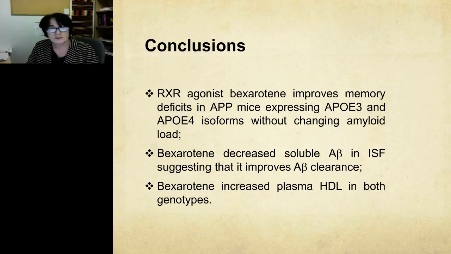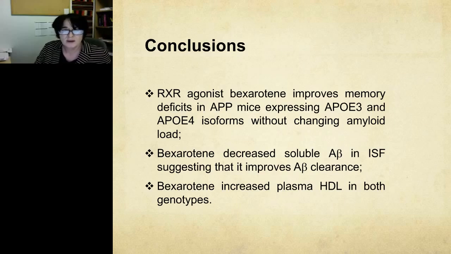So the conclusion from this study is that RXR agonist bexarotene improves memory deficits in APP mice expressing APOE3 and E4 without changing amyloid load. Bexarotene decreased soluble A-beta in ISF, in interstitial fluid, suggesting that it improves clearance. And finally, bexarotene increased plasma HDL in both genotypes.